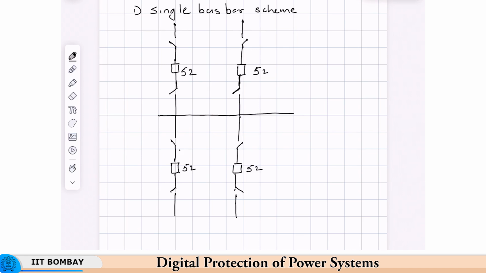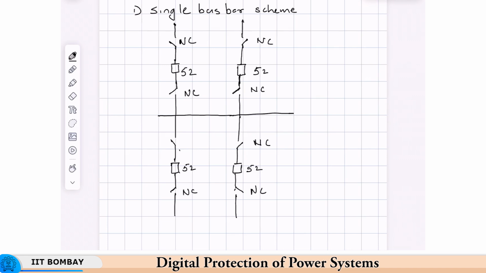These cannot interrupt fault current. For that the circuit breaker or the element number 52 as we can see is provided, and these are usually normally closed. NC means normally closed, NO means normally open. Okay. So, these are normally closed.